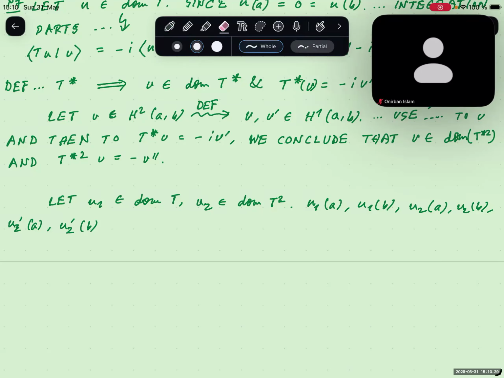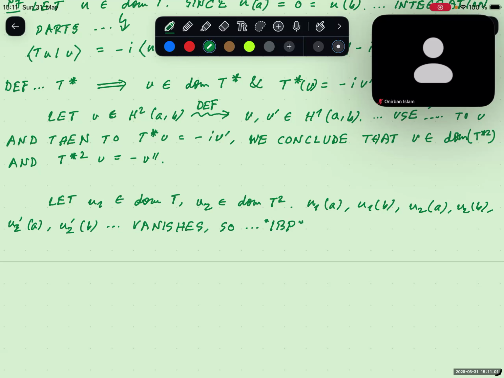Okay, let's write it this way. So using integration by parts, let me abbreviate it today. Maybe I use this abbreviation, integration by parts.